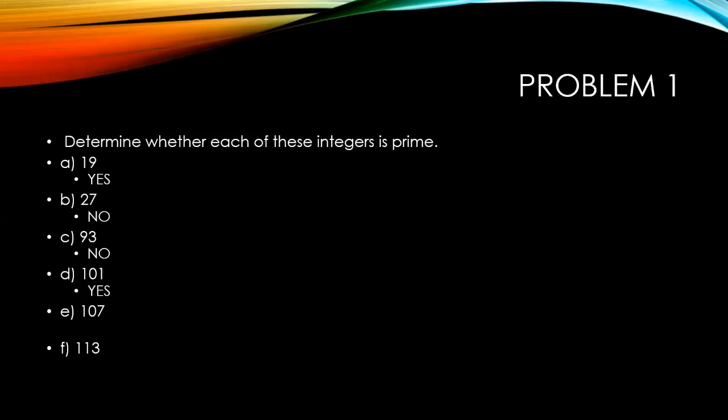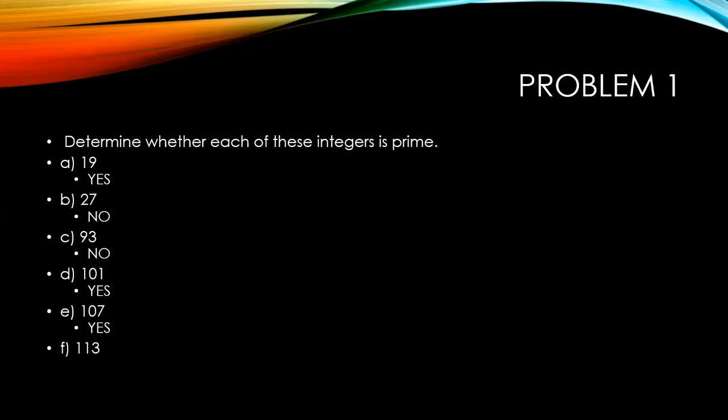How about 107? Again, get the square root of 107, and the range will be 1 to less than or equal to the square root of 107. Divide all the prime numbers into 107. If there is a remainder equal to 0, that number is not a prime number.